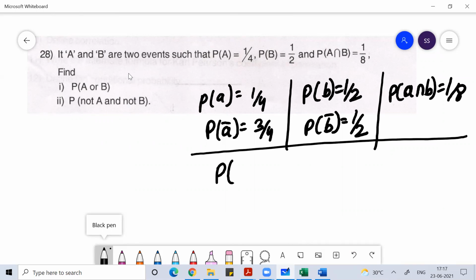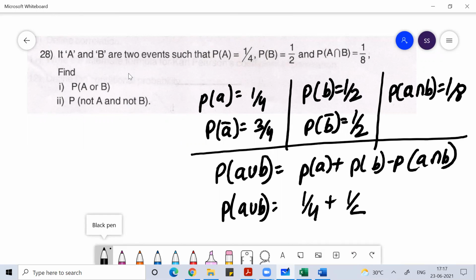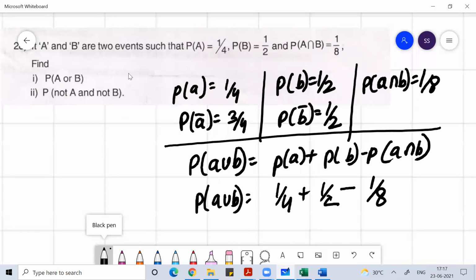You know the formula: probability of A union B is probability of A plus probability of B minus probability of A intersection B. So the probability of A union B would be 1 by 4 plus 1 by 2 minus A intersection B, which is 1 by 8.